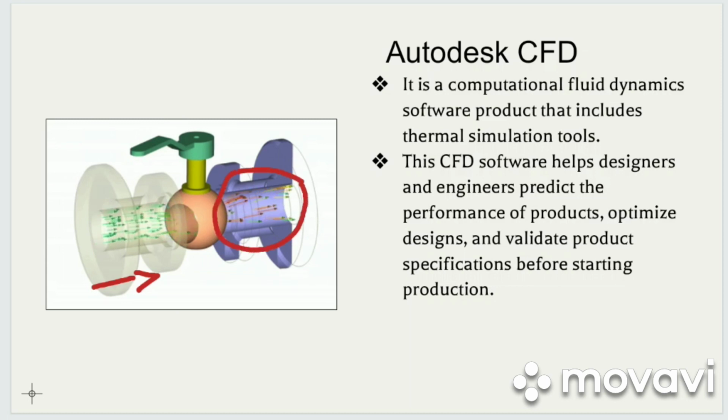All these things you can check. You can vary the speed of the flow, and you can check how it affects your flow path. So this is all about Autodesk CFD.